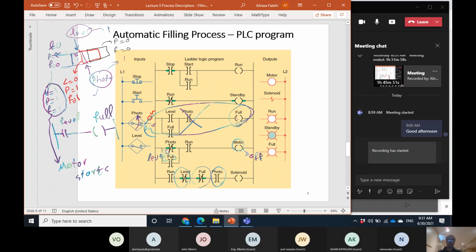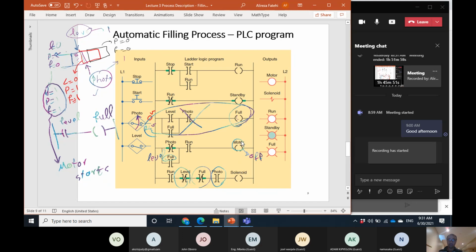And so if there's not any box, the motor turns on and the conveyor brings an empty box, then stops. But when the level reaches the maximum and the level sensor senses that, the motor should start. We may start with this simple program instead of having this. Okay, if it's full, the motor should run.